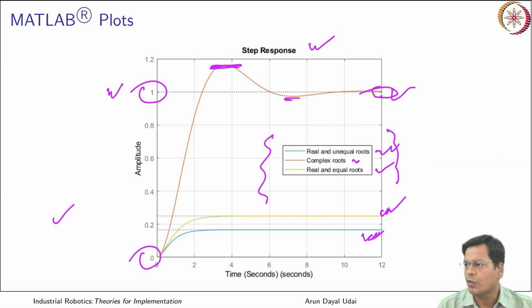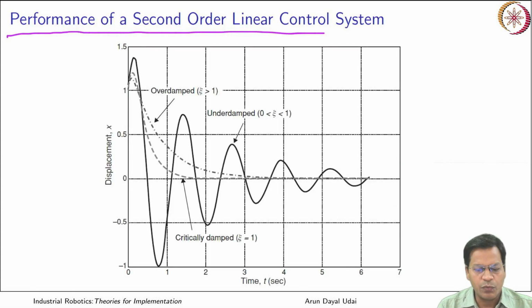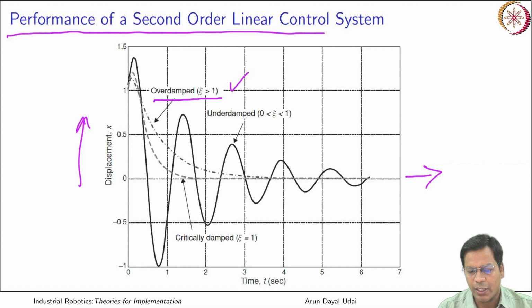You can do that yourself also in Octave or maybe in Python. This is the performance of your control system. So you can quickly write it as displacement plotted here, and your time varies like this, and you see you have the overdamped case for xi greater than 1, the underdamped case for xi lying between 0 to 1.